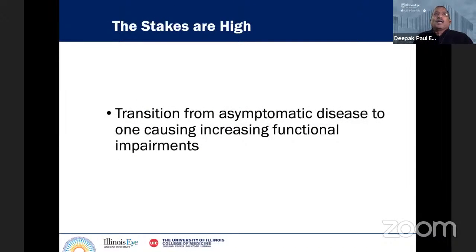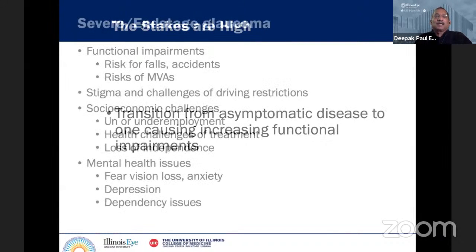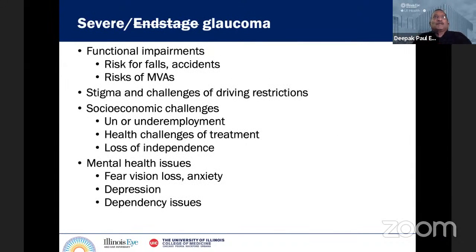So what are the functional impairments that you will see, from asymptomatic disease to one causing increased functional defects? The functional impairments include a risk for falls, accidents, motor vehicle accidents. In the US especially, there's a stigma and challenges regarding driving restrictions. Patients don't like it when you fill out those driving forms.